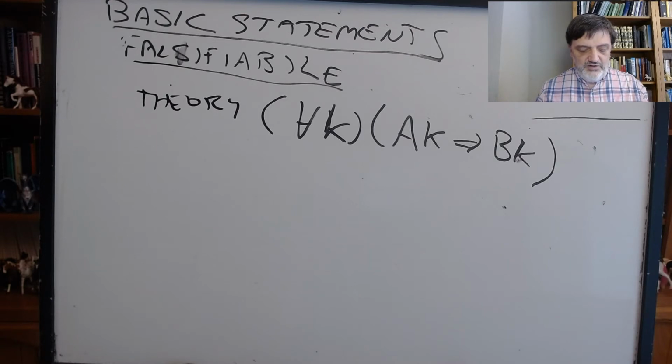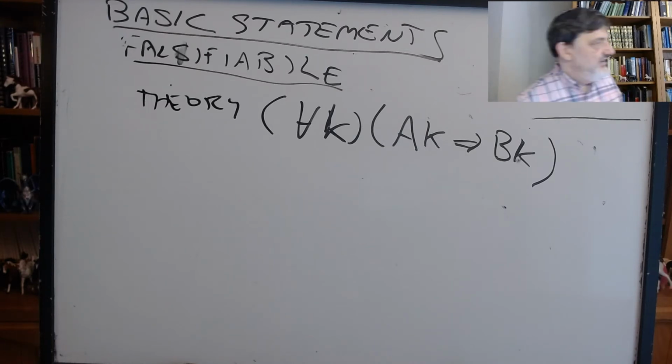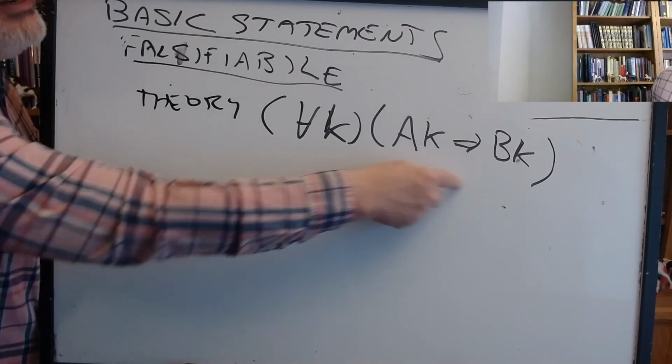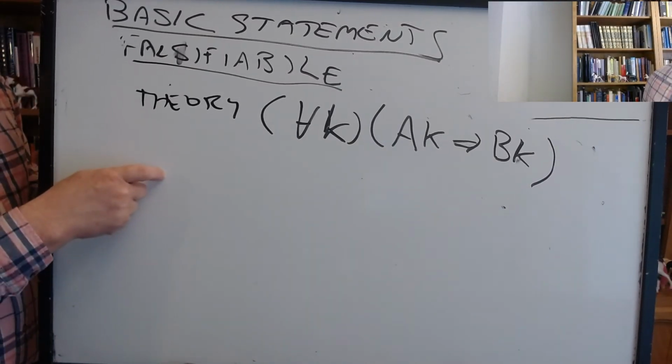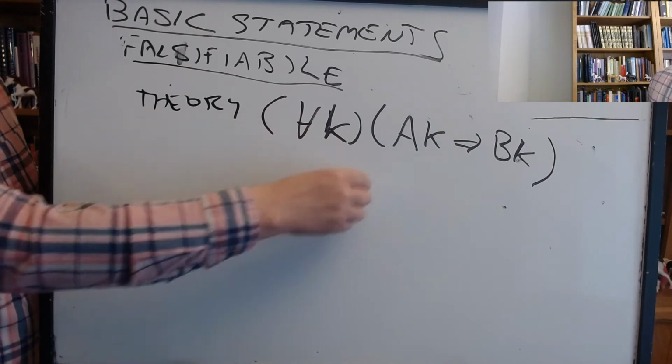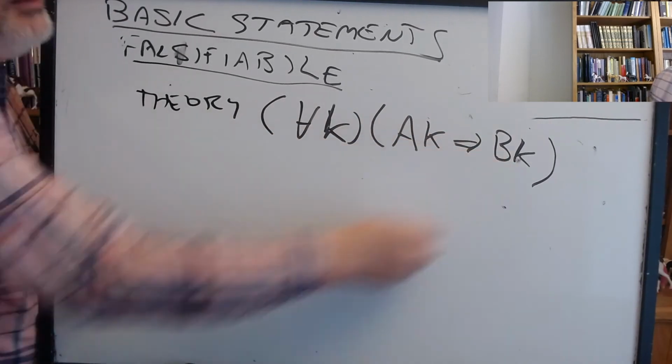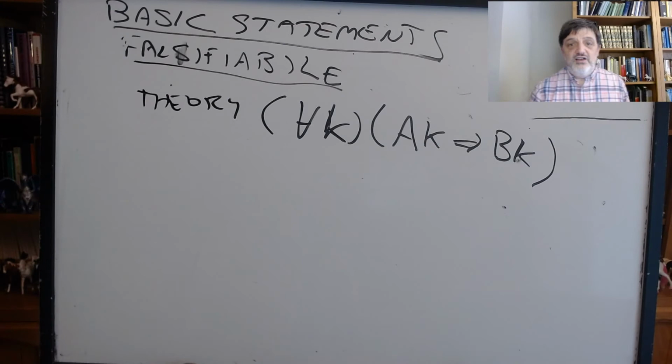So when you write it this way, you could be thinking of the predicate A as meaning, AK means the thing at K is a swan, and BK might mean the thing at K is white. So this theory says at every place such that the thing at that place is a swan, the thing at that place is white. Or in other words, all swans are white.